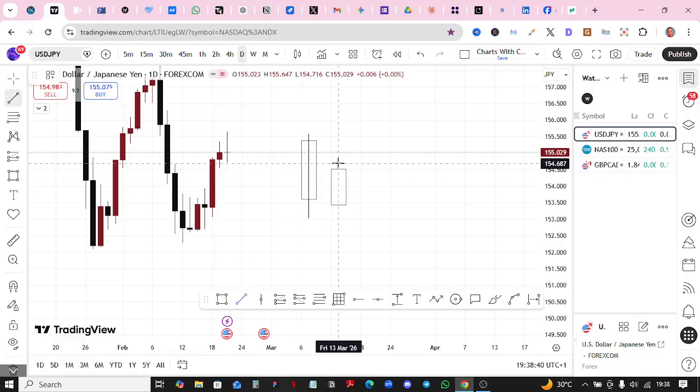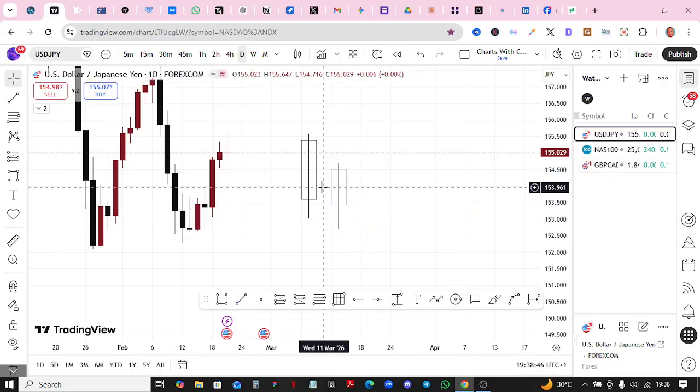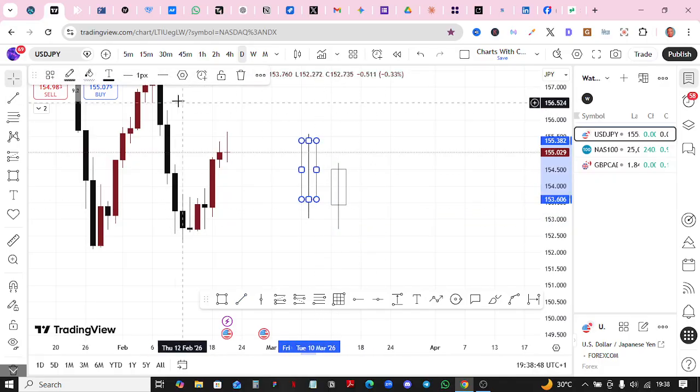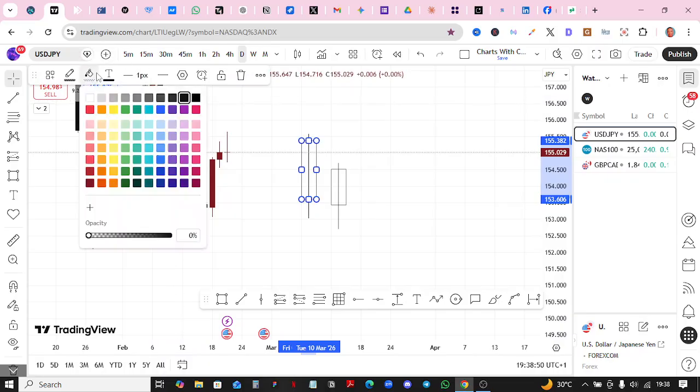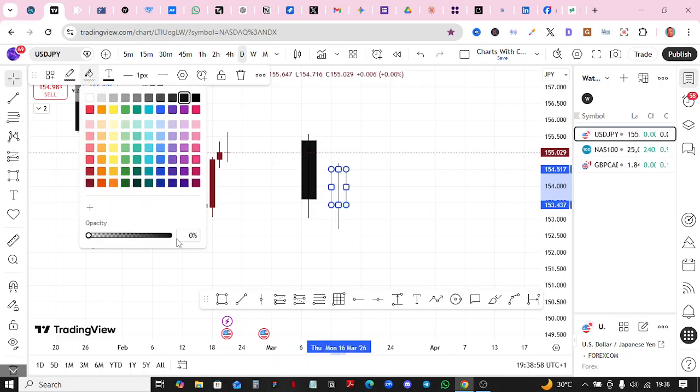So the concept of CRT is if you have two candles like this, let me fill this. Okay, all right.